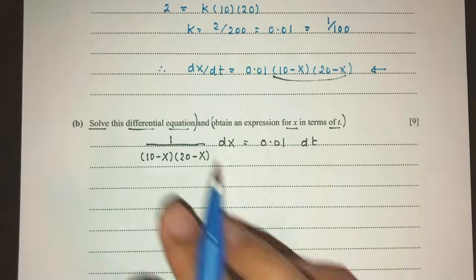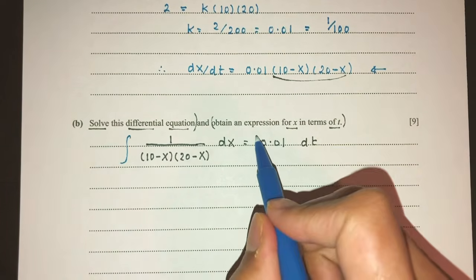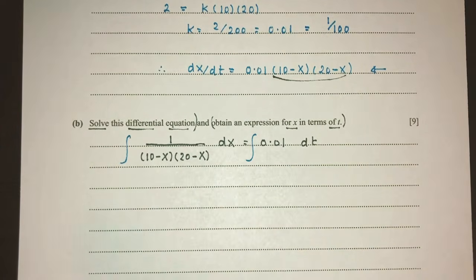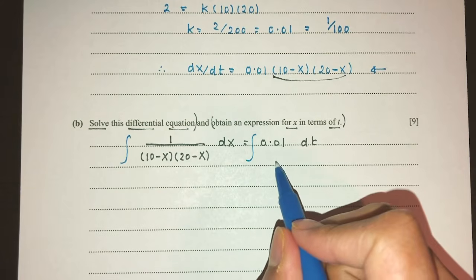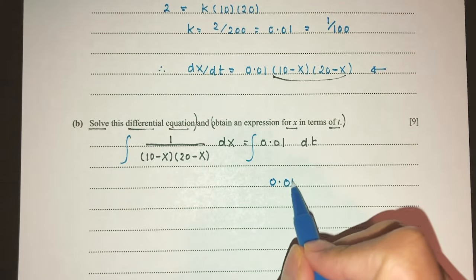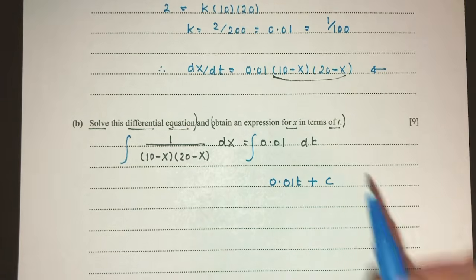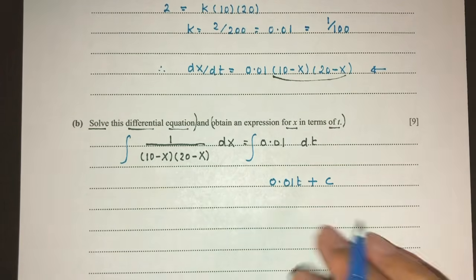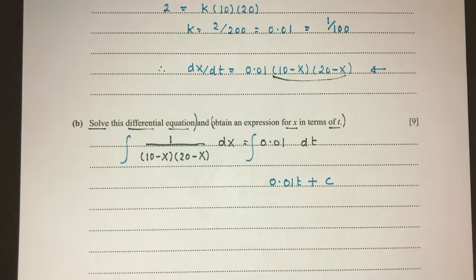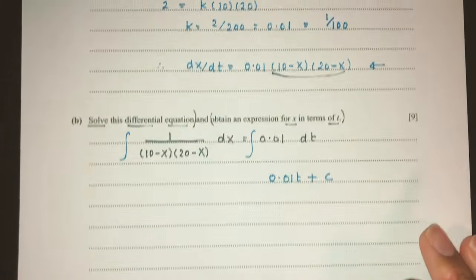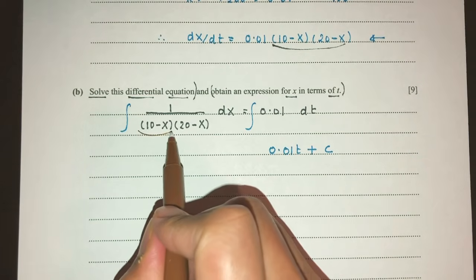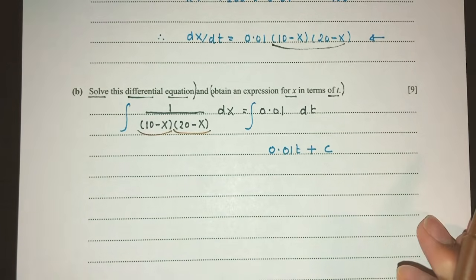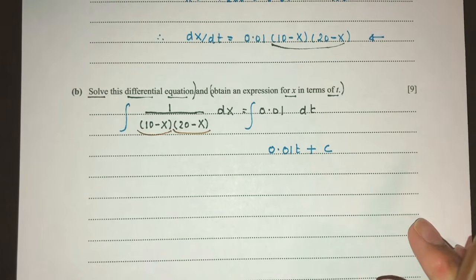So once you have this in this form, you can integrate both sides to find the two values that we need to solve this equation. Now this one will be pretty easy. It is a constant. It has to be 0.01 t plus constant c. For example, this is for the right hand side, but now we have to find this side. So this one will be done step by step, because as you can see, we have two linear factors at the bottom, so we have to use partial fractions to break them up into two fractions.